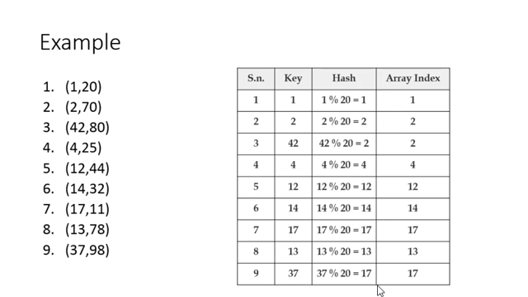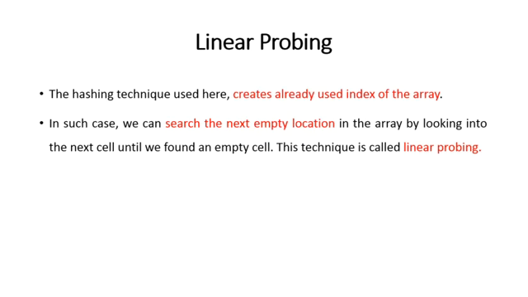Like the simplest technique, we will try to store it in the next location. That is, when two different items create the same index, we will check whether the next location is empty, and if it is available, then the element will be stored in the next location. This approach is referred to as linear probing.